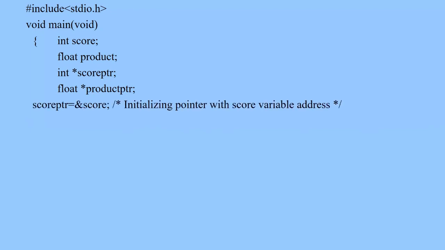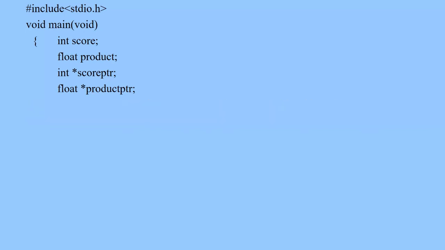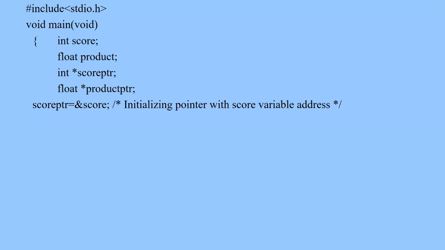We then initialize the pointer with the score variable address. So this statement simply means pick the memory address of the variable called score and assign it to the pointer called score pointer.